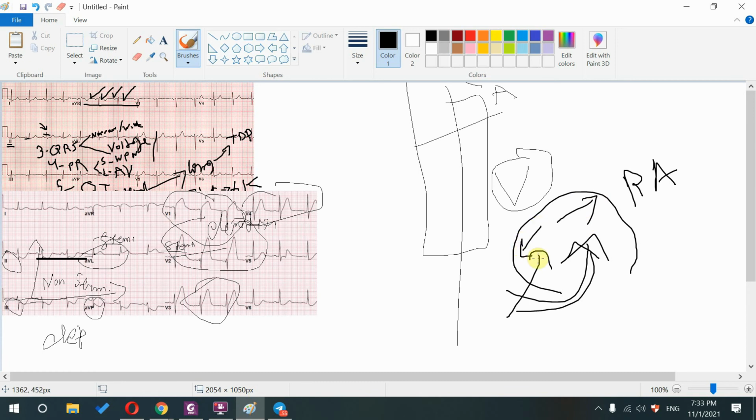Yeah, it's like a balloon and you inflate it with a lot of water. So when it becomes really stretched, the hormones inside of the wall will be released inside of the circulation. This hormone, we call it ANP, atrial natriuretic peptide. This atrial natriuretic peptide has a really important job, which is natriuresis.